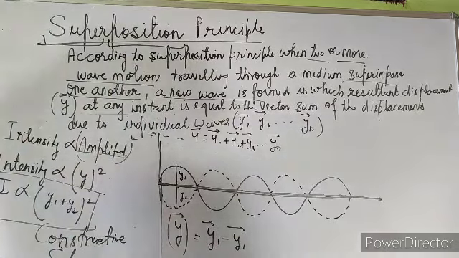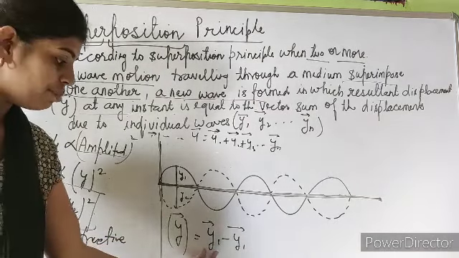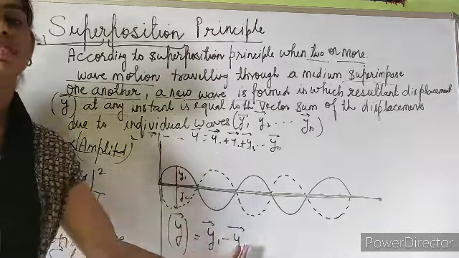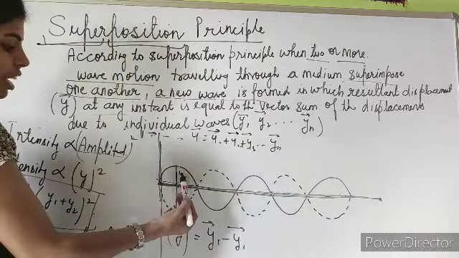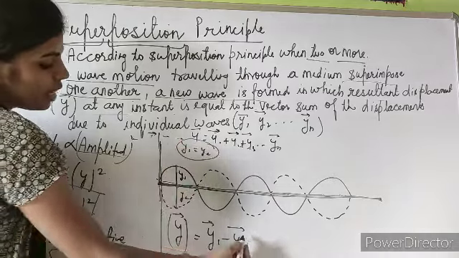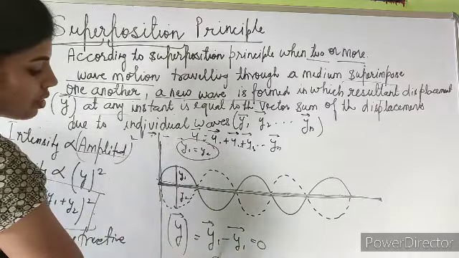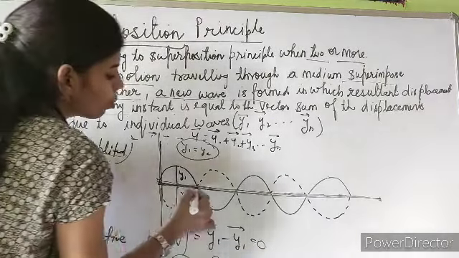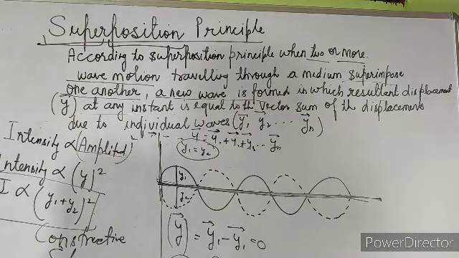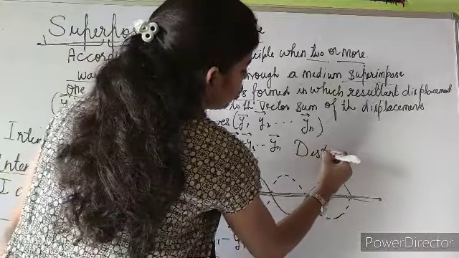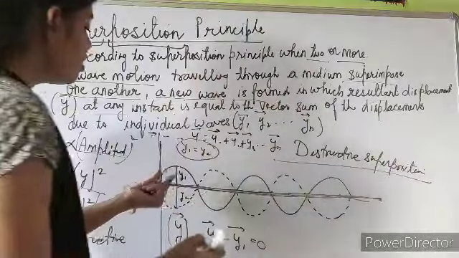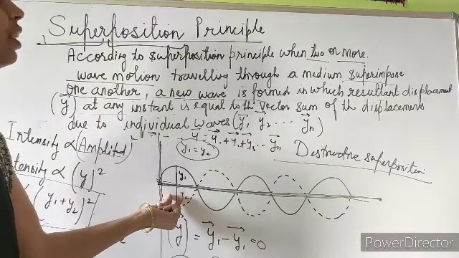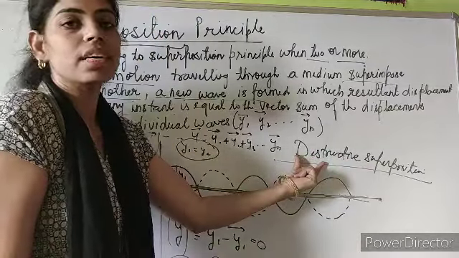The resultant displacement would be the difference of the individual waves' displacements. And suppose the magnitudes of y1 and y2 are equal, then it would become 0, the amplitude would also be 0, and the intensity would also be 0. And the screen would appear dark. And such a type of superposition is known as destructive superposition. Where crest of one wave falls on the trough of another wave, the superposition obtained is known as destructive superposition.